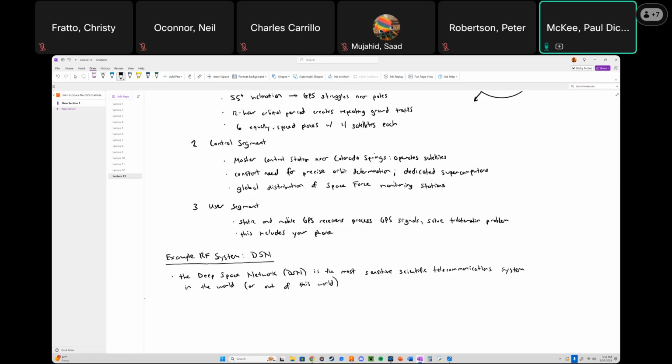This is operated for NASA by Caltech's Jet Propulsion Laboratory, or JPL.